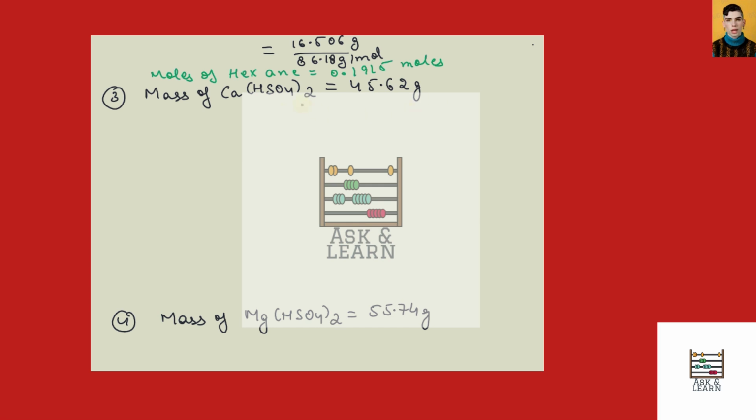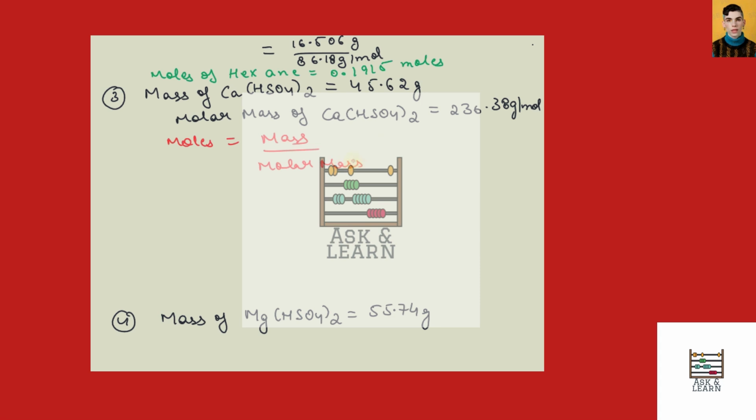Now in the next part, the mass of calcium hydrogen sulfate is given and we have to find the number of atoms present in this. Firstly, the molar mass of Ca(HSO4)2 is 236.38 gram per mole. We first find the moles, using the formula moles is equal to given mass divided by the molar mass.